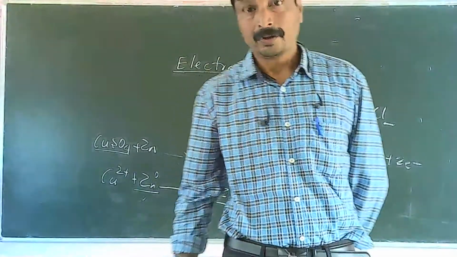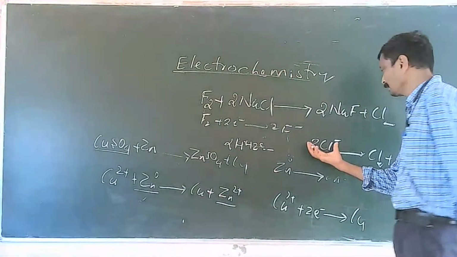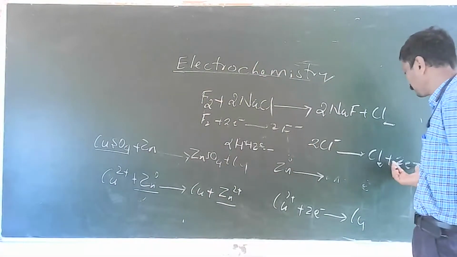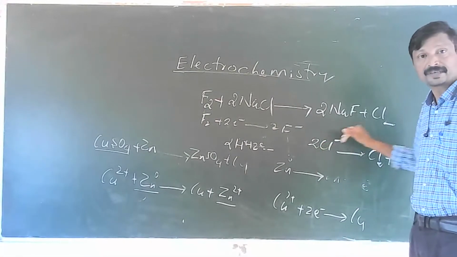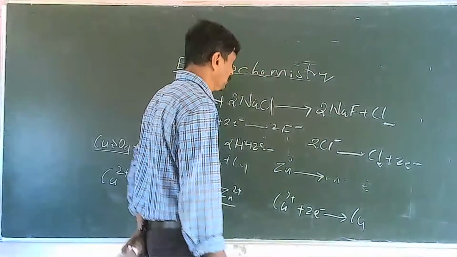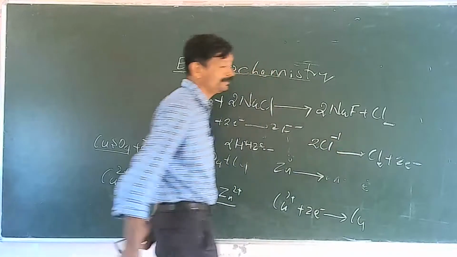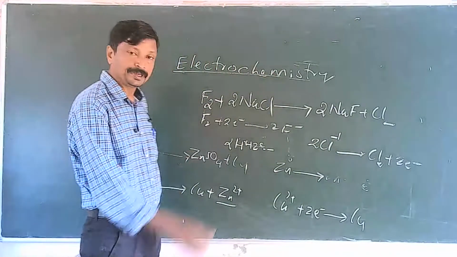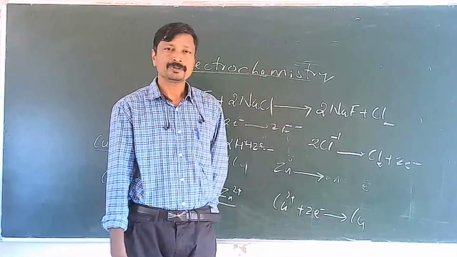What is oxidation? A removal of electrons. So here we have removed 2 electrons from the chloride ion. The Cl minus ion is converted into Cl2. The oxidation state is -1, and it's converted into 0. The oxidation number increases.